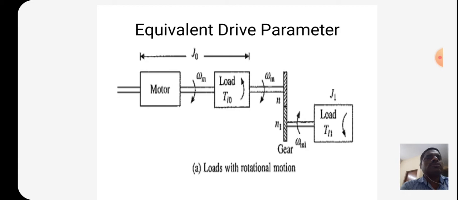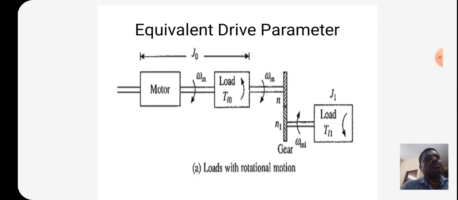In these drive parameters, we took an example, and we consider a motor driving two loads. The first one is coupled directly to its shaft, and another through a gear.